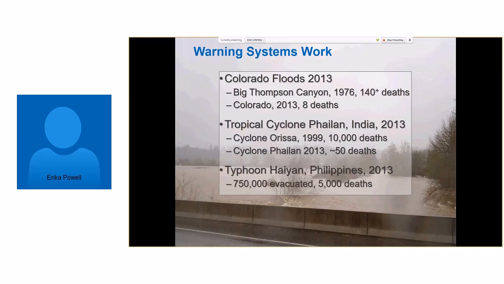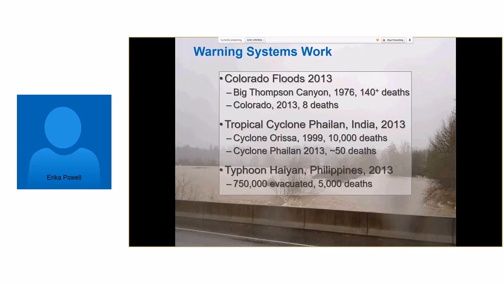A significant improvement. Take a look at Tropical Cyclone Phailin, which hit the northeast coast of India in 2013. It turns out that a virtually identical major tropical cyclone, Orissa, occurred in 1999, causing 10,000 deaths. The implementation of a good warning system reduced that to 50 deaths in 2013 from a similar sized storm.